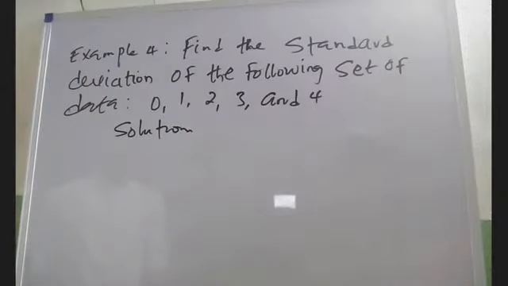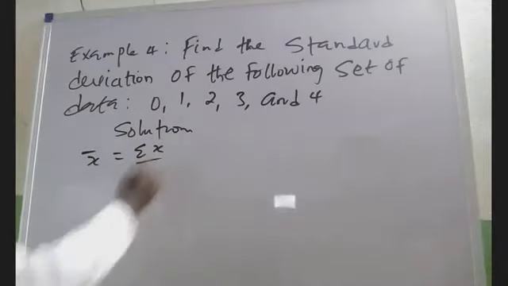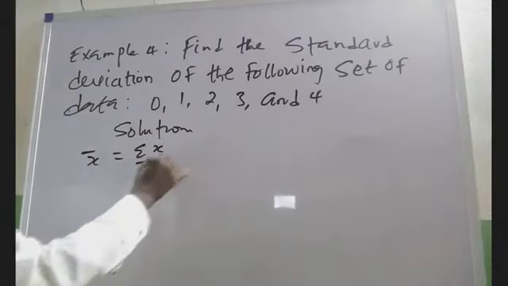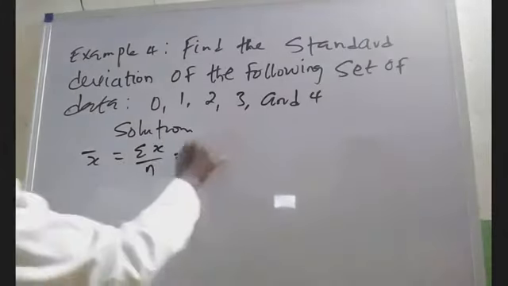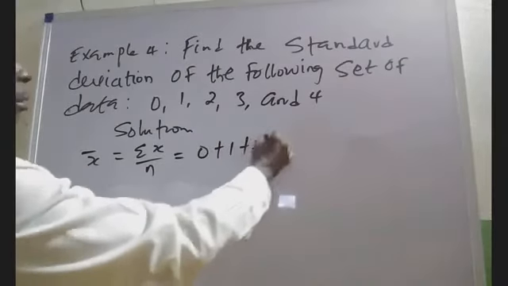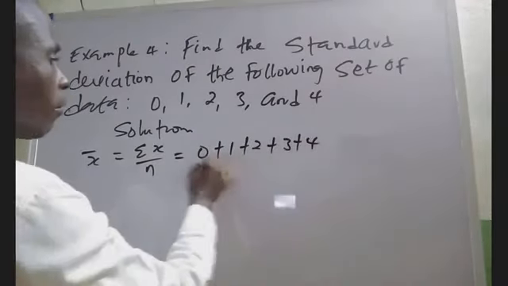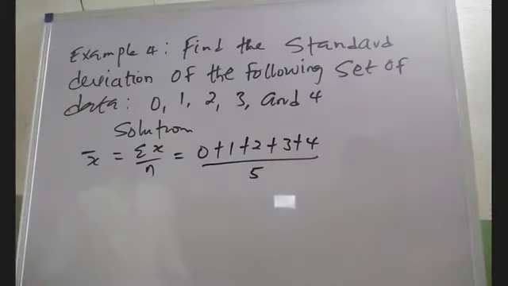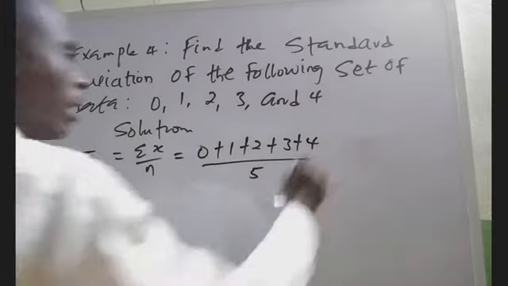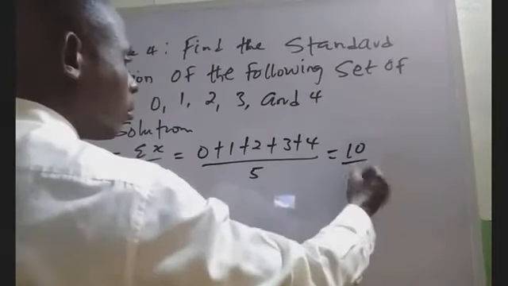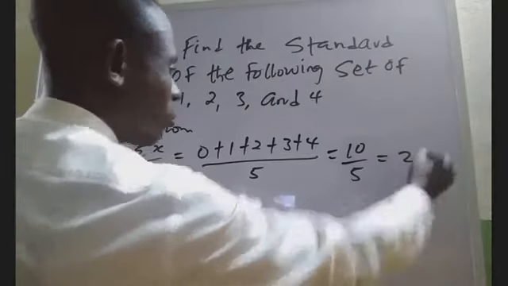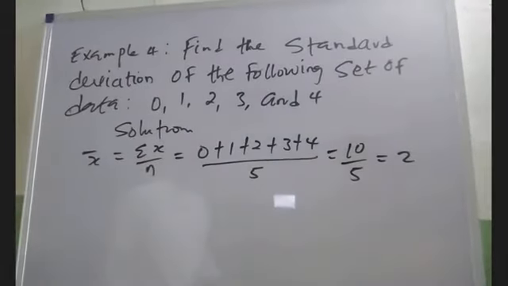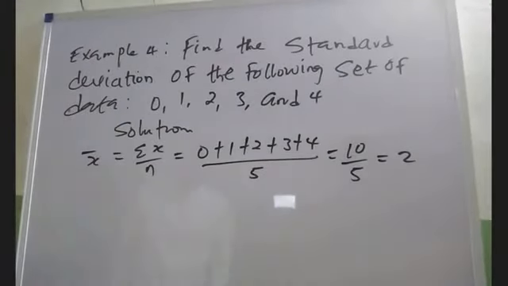The first thing is to find the mean. x bar is sigma x over n, which equals 0 plus 1 plus 2 plus 3 plus 4, all over 5. If you add that together, that gives you 10 over 5. So x bar is equal to 2. The mean is 2.